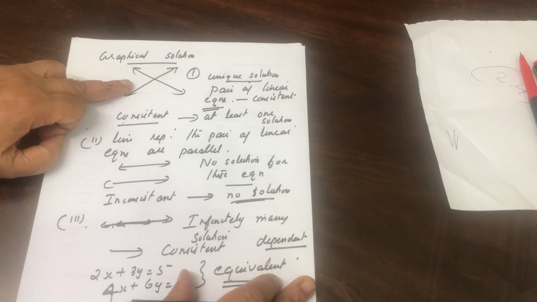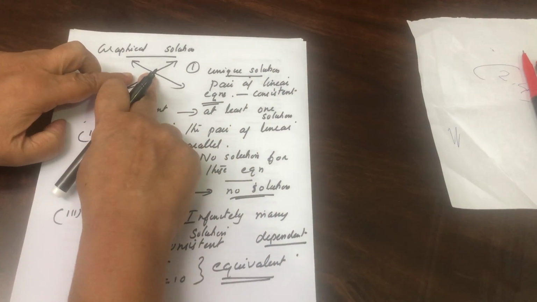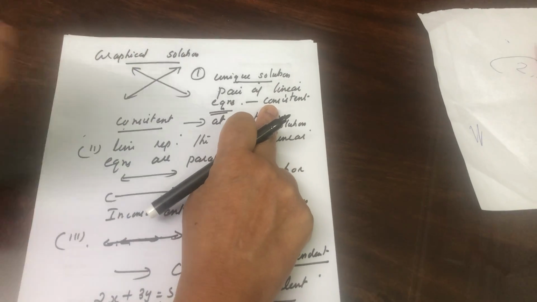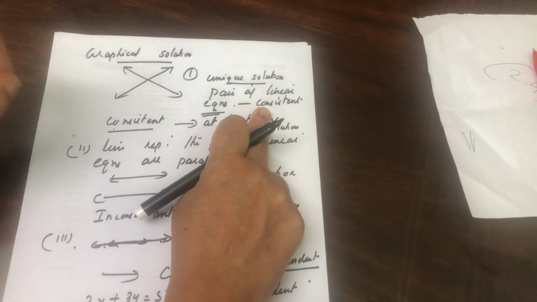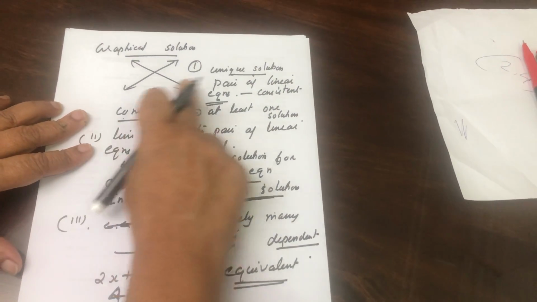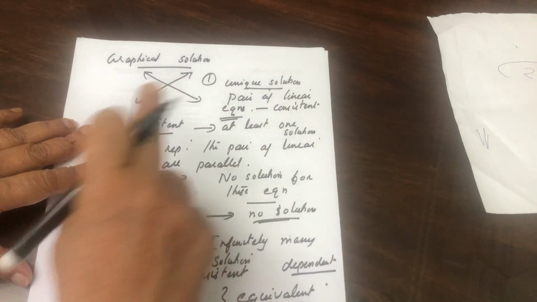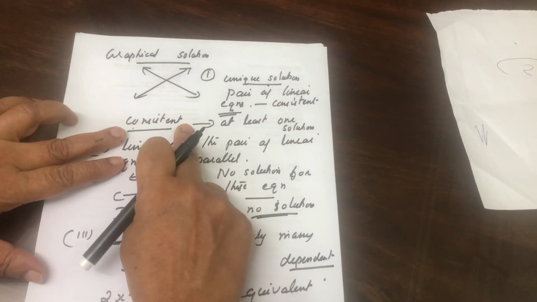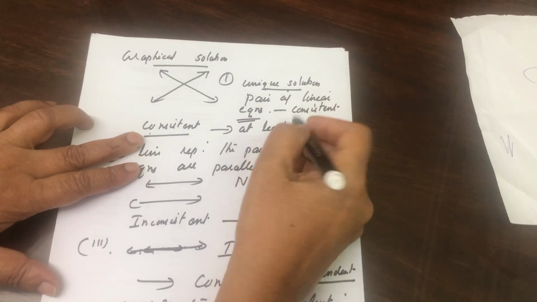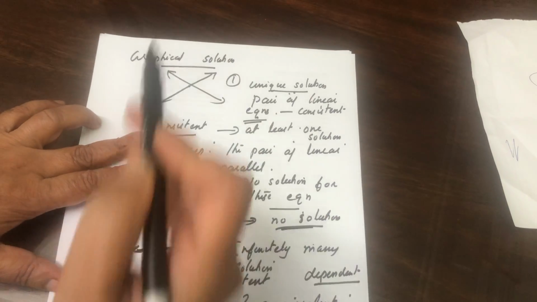Lines representing the equations intersect at a point, so this pair of equations has a unique solution. Since it has a unique solution, this pair of linear equations is consistent. Consistent means you should have at least one solution.